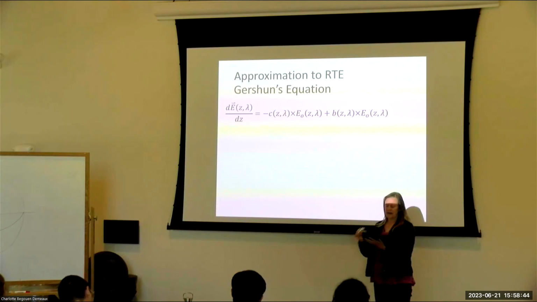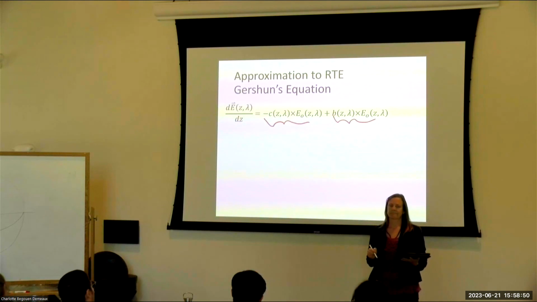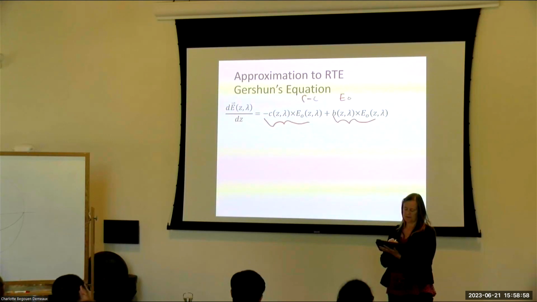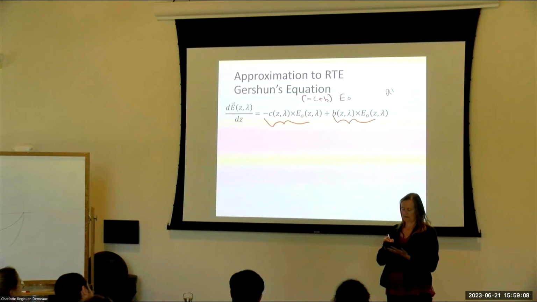So crazy, because I can combine these two terms, can't I? We can factor it, right? It's E0 times minus C plus B. What is minus C plus B? You know that. A plus B plus C.